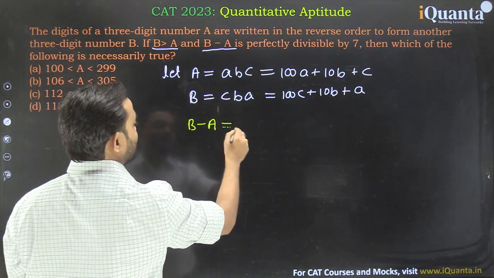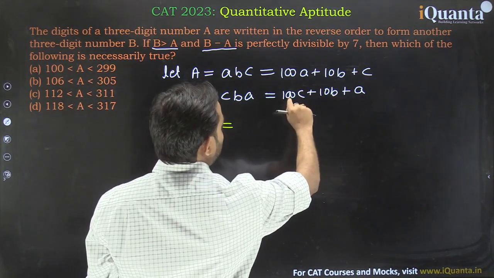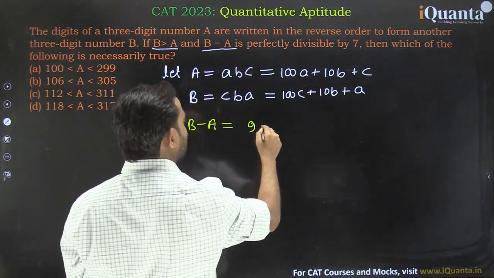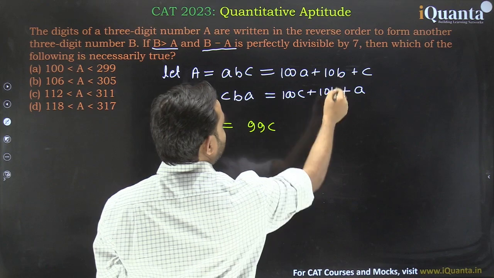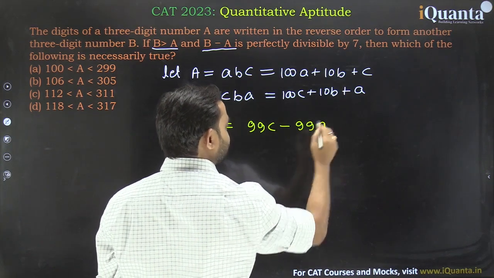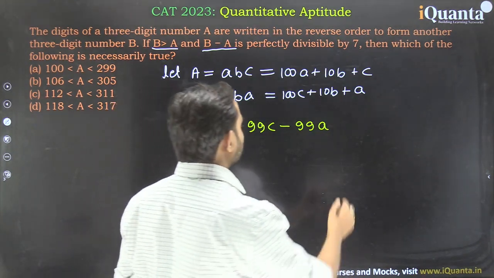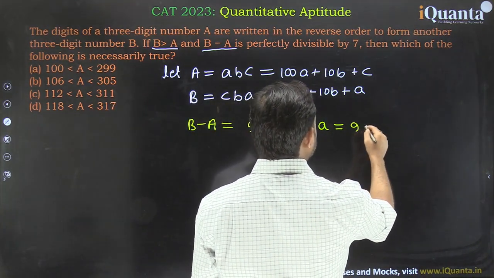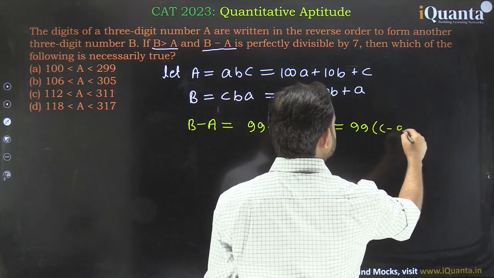It will be 100C minus C, which is 99C. 10B will be cancelled out and we are left with 99A. Basically this is nothing but 99 times (C minus A).